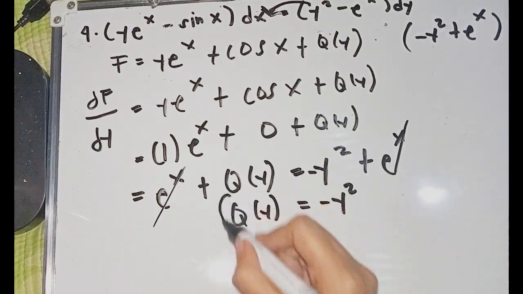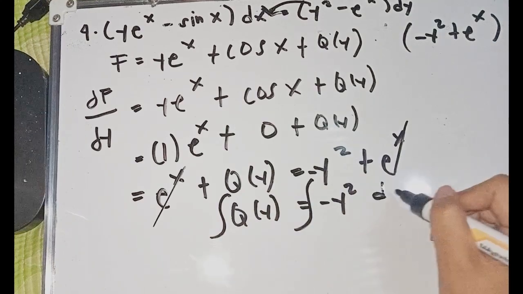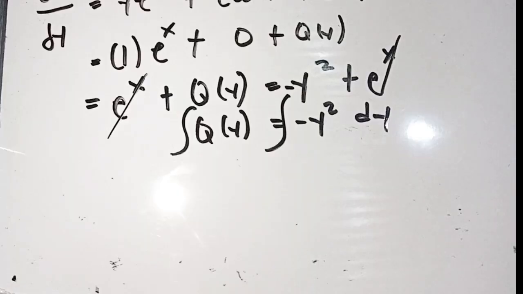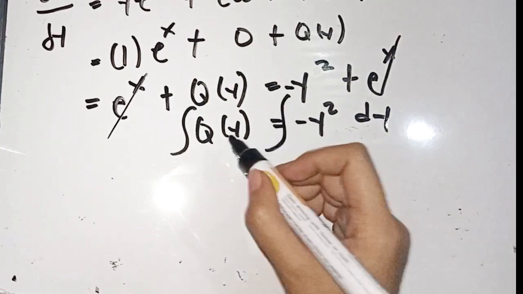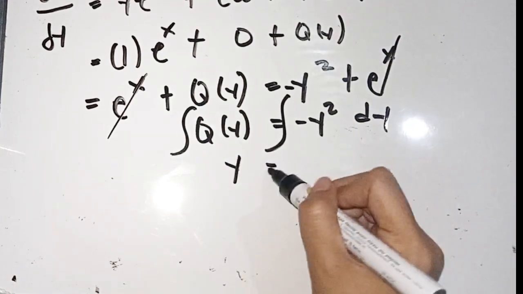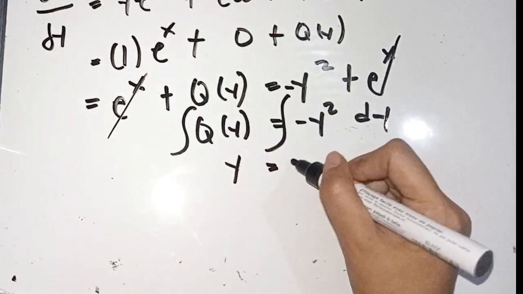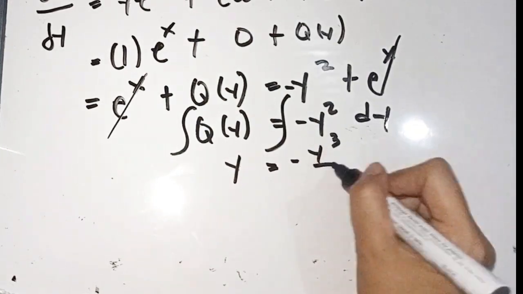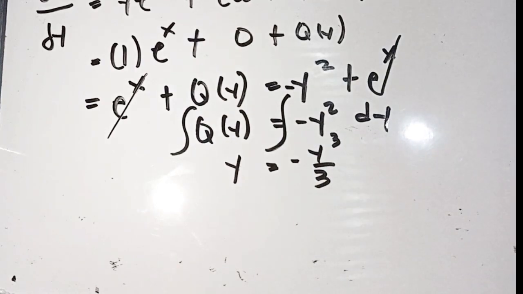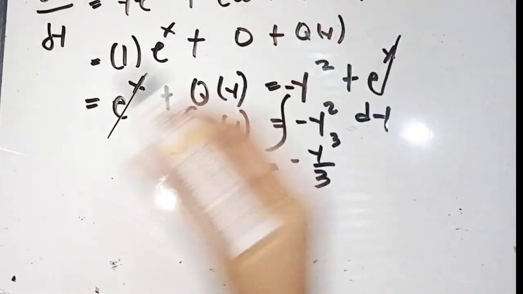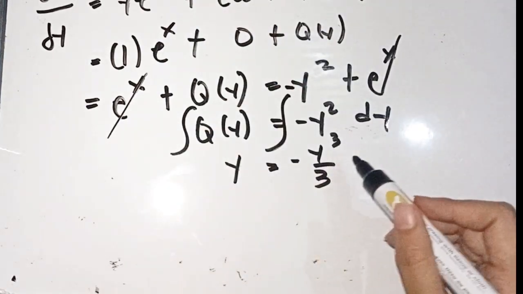So let's integrate this one. This is in terms of dy. The integral of g prime of y is g of y. So our g of y is equal to the integral of negative y squared, which is negative y cubed over 3.